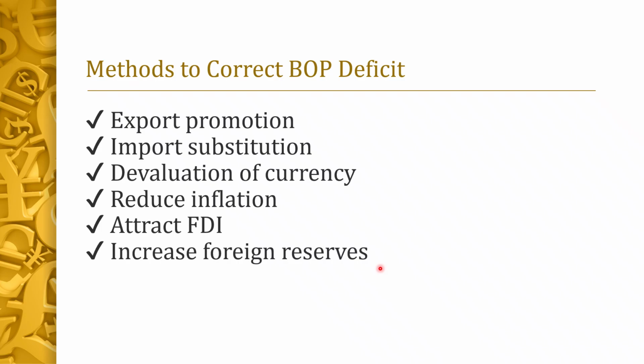RBI can buy foreign currency during the surplus period to build reserves for deficit years. So in summary, BOP correction requires a mix of economic policies: export promotion, currency management, fiscal discipline, attracting foreign investments. So these are the methods by which the BOP deficit can be corrected.